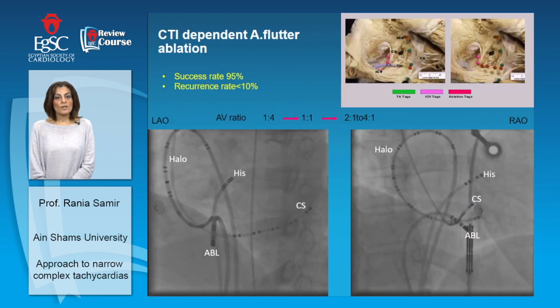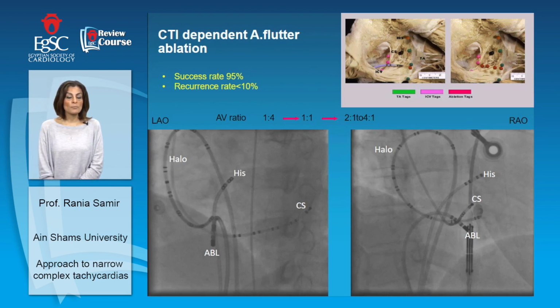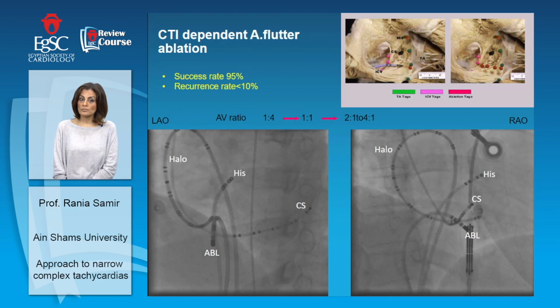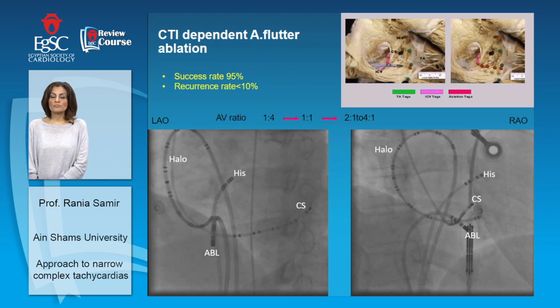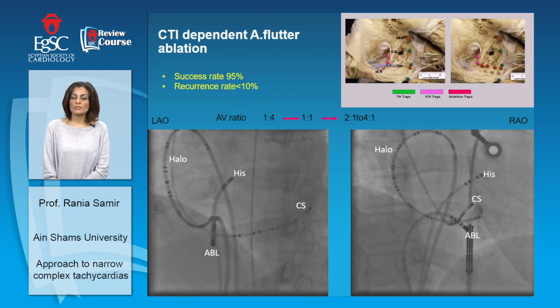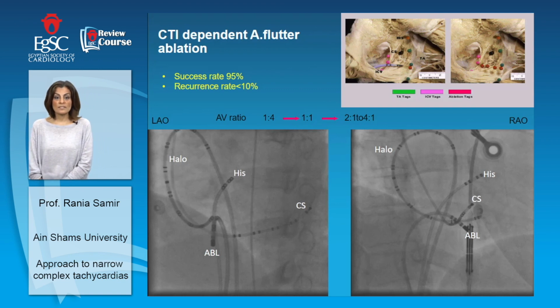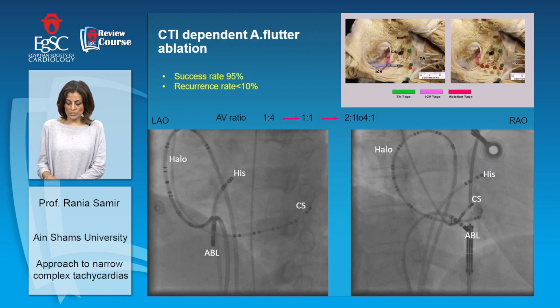As I said before, the success rate of atrial flutter ablation, whether it's cavo-tricuspid-dependent atrial flutter or even atypical atrial flutter, is very high, reaching up to 95% in cavo-tricuspid-dependent atrial flutter with a recurrence rate of less than 10%. As we can see in this upper graph, we ablate at the critical isthmus of the cavo-tricuspid isthmus of typical atrial flutter, which is situated at the floor of the right atrium.